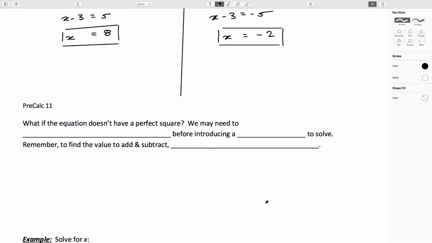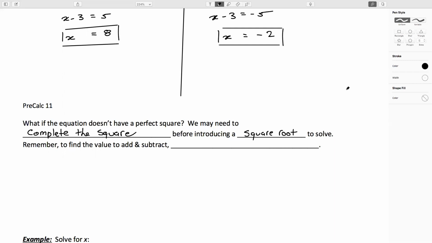Okay, what if the equation doesn't have a perfect square? We may need to do what's called completing the square. So we may need to complete the square before introducing a square root to solve.